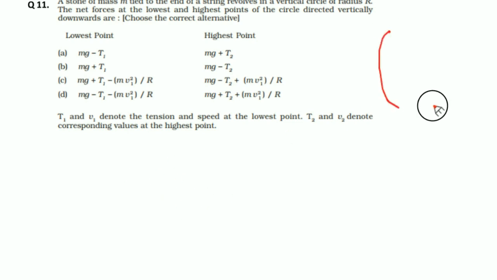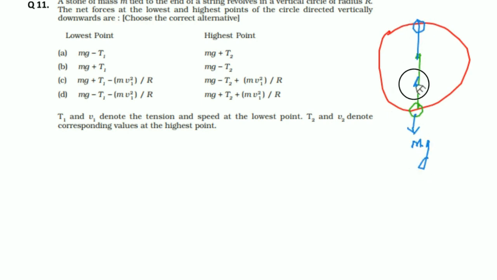Here I am going to draw the diagram. Suppose this is the lowest position and this is the highest position. At the lowest position, mg will act in the downward direction, tension in the upward direction, and the velocity, suppose, is v1. They are asking about the net force at the lowest and highest point of the circle.